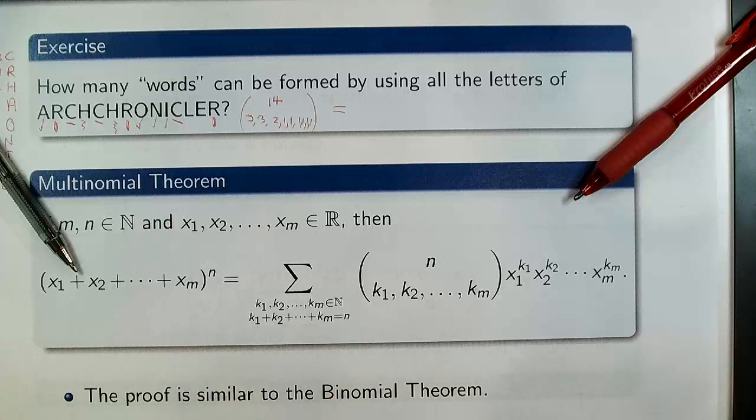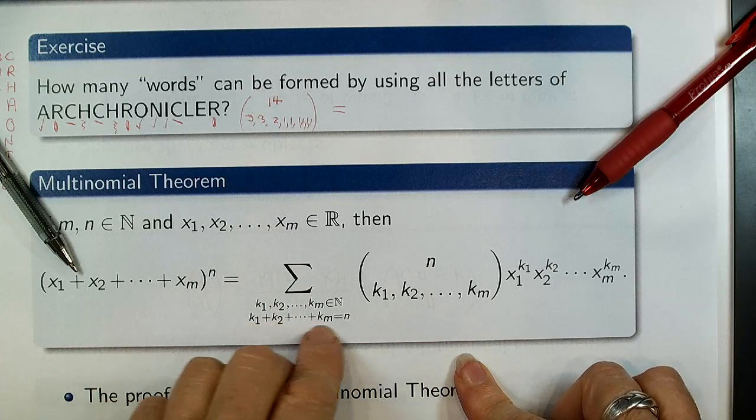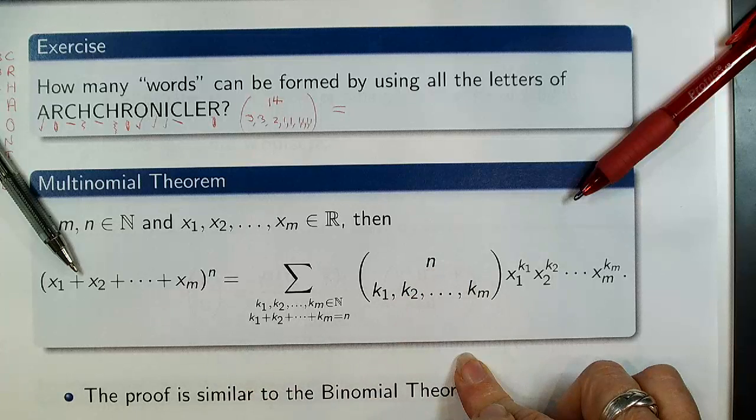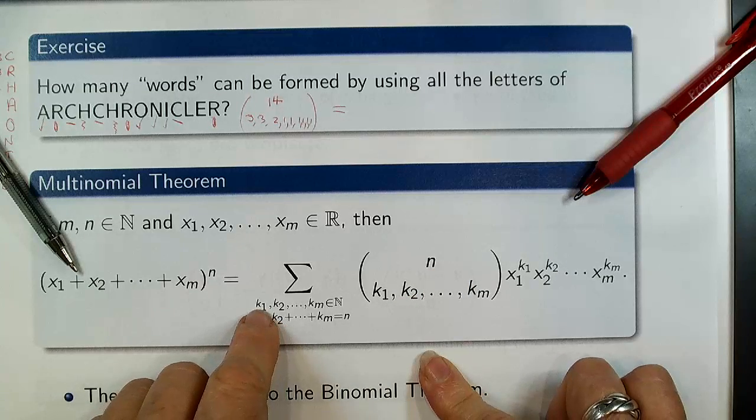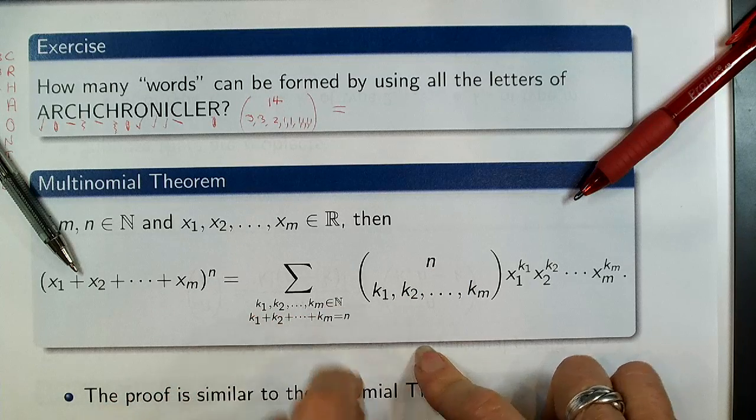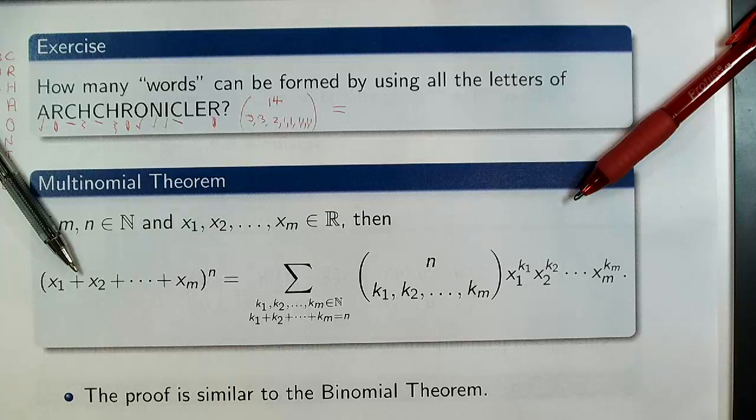It's not as simple as start at 0 and go up to n. We're saying we add every term that has the k's adding up to n, and for which our k's are natural numbers, meaning whole numbers greater than or equal to 0. You've got to find all possible k1, k2 up to km, which are 0 or greater, and which add up to n.